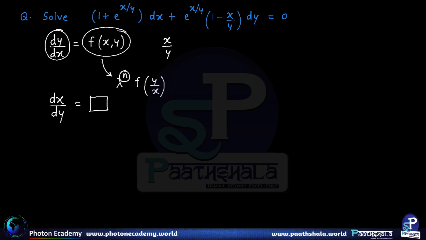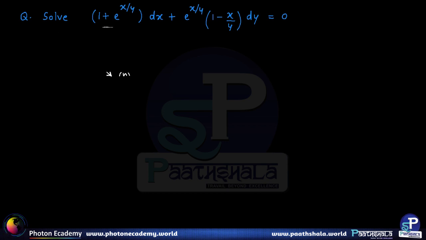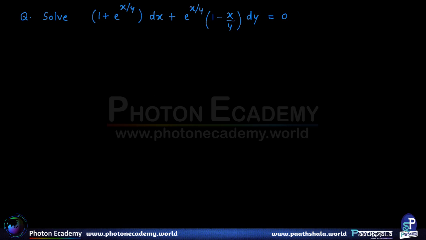Alright, so that's the first clue to how we proceed to solve this particular equation. So let's try to rearrange the terms in order to get dx/dy. We can retain the first term on the left hand side and transfer the second term to the right hand side, so that inside the bracket the sign gets changed.